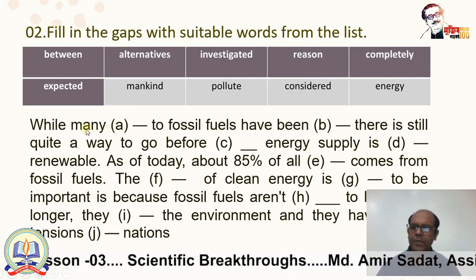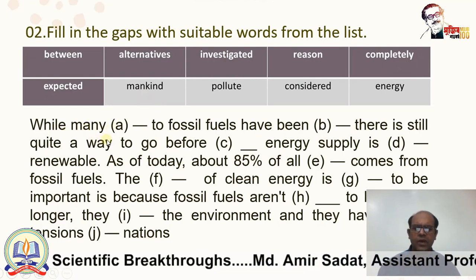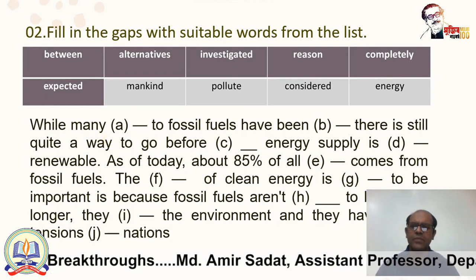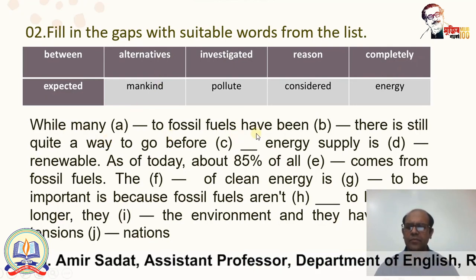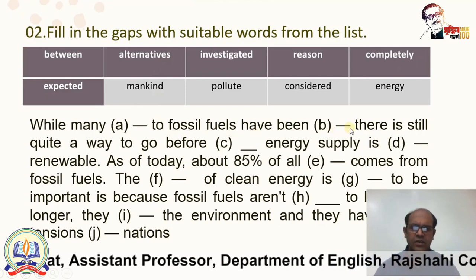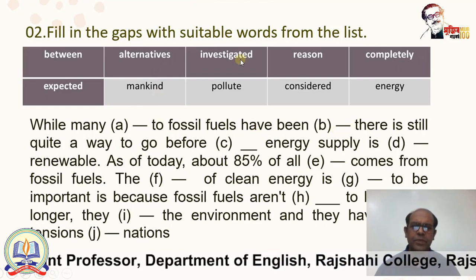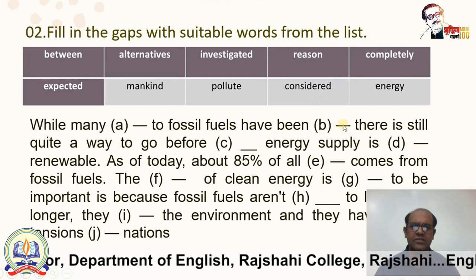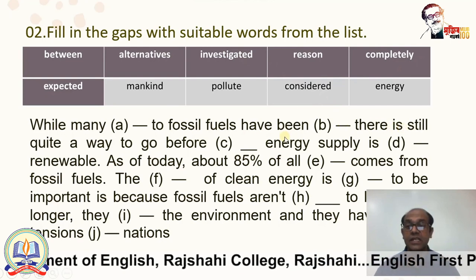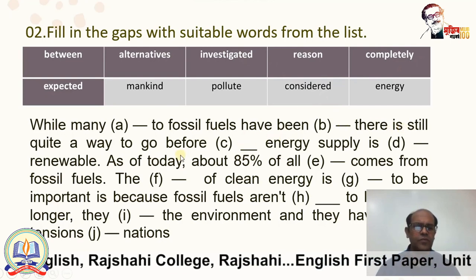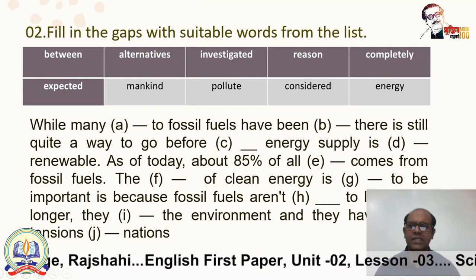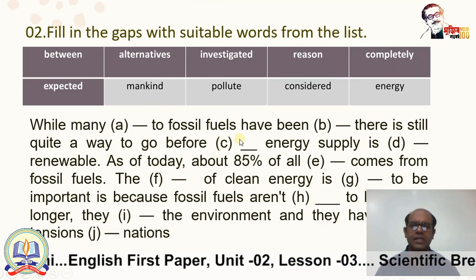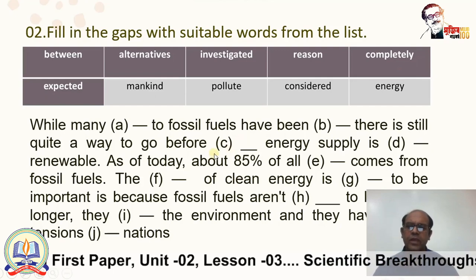Okay, for gap A, alternatives is the correct answer. Option B, for gap B, investigated is the correct answer. There is still quite a way to go before gap C. C is mankind, the correct answer for gap C.